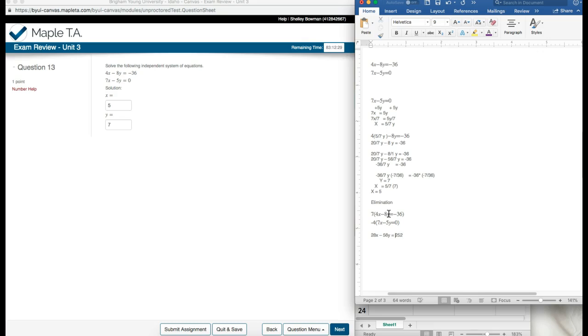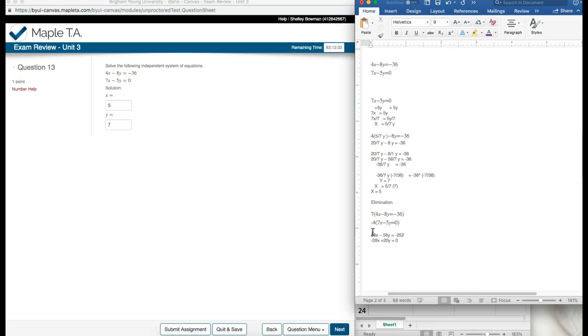I apologize. We have a negative there. Okay, so the next one, negative 4 times positive 7x gives me negative 28x, and that's good because when I add these together, these will cancel out. Now negative 4 times negative 5 gives me positive 20y, and anything times 0 is still 0, so that one is still 0.